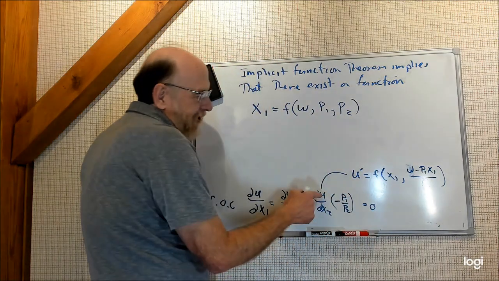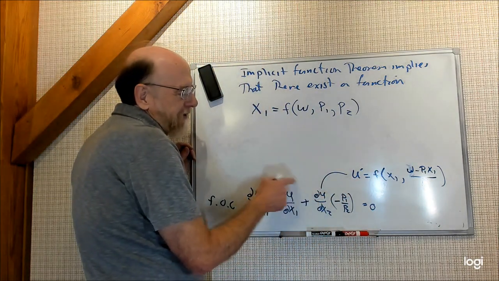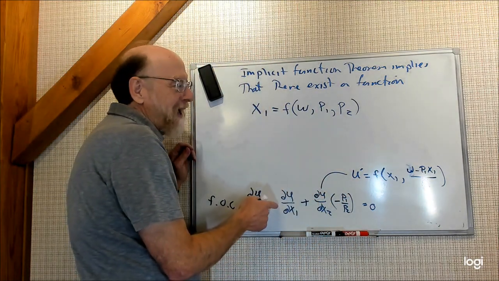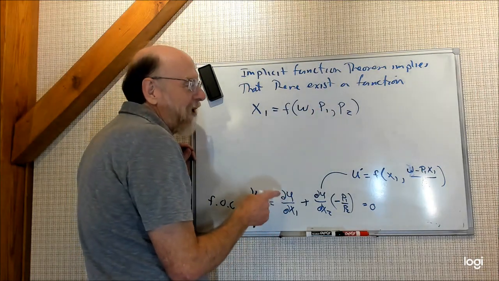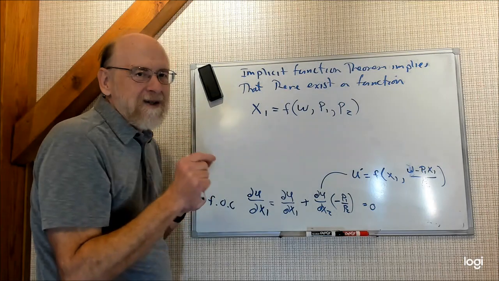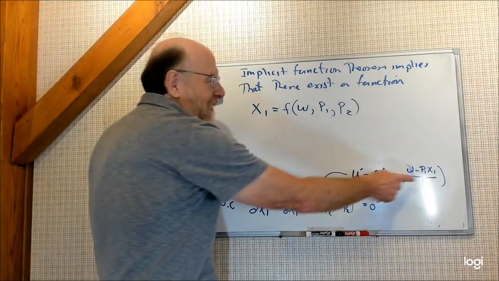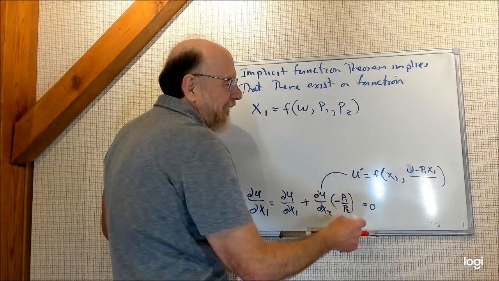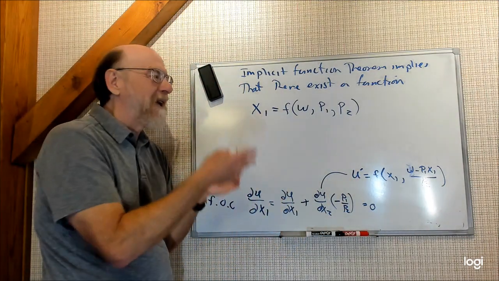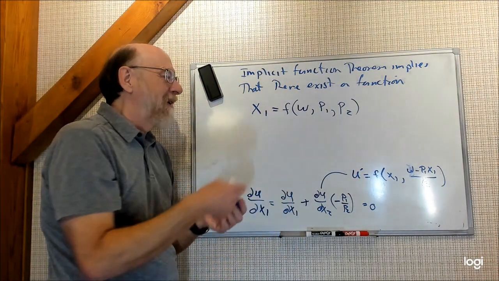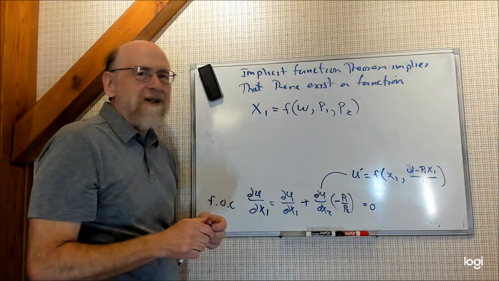Each one of these partial derivatives are functions, and when you're dealing with the abstract forms, the functions have the same arguments as the original objective function. They have x1 and this w minus p1 x1 over p2 as arguments. Or you can think of it as x1 and x2, where x2 is being characterized now as a function of x1.